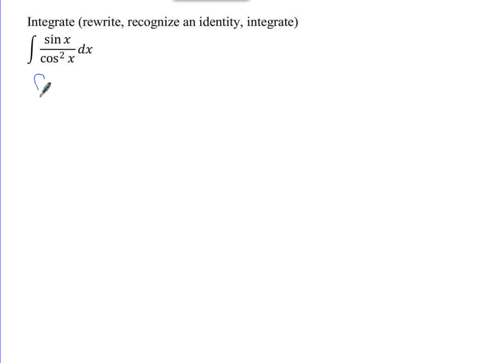Okay, so let's rewrite it as the integral of 1 over cosine, going to split it, times sine x over cosine x dx. Does everybody agree that that is okay?